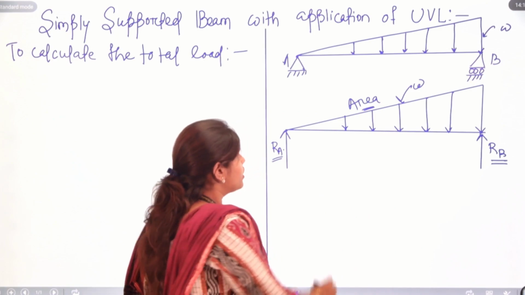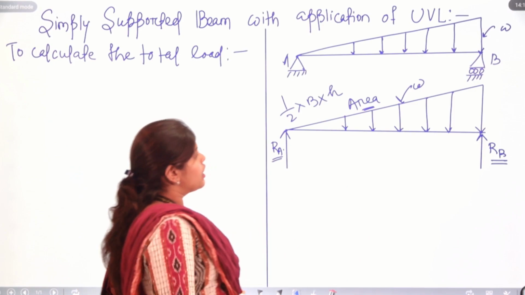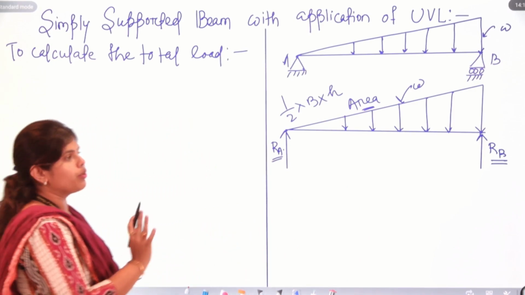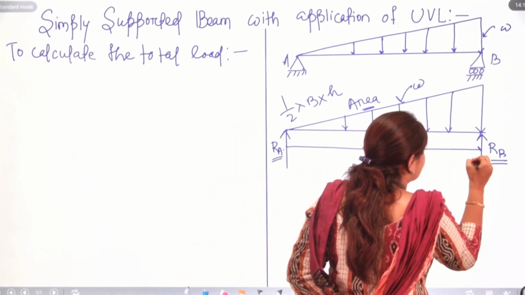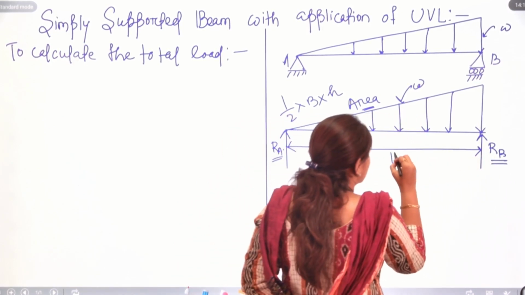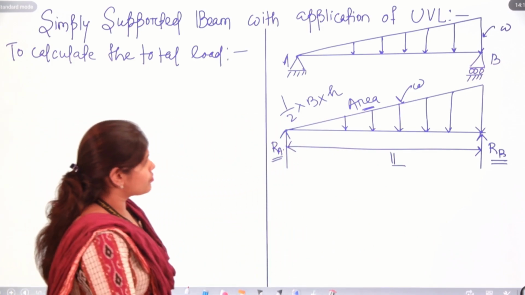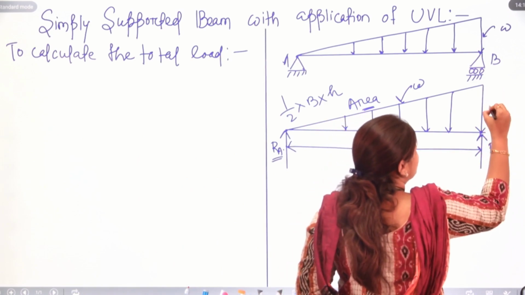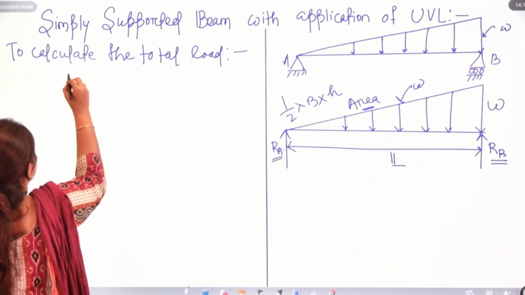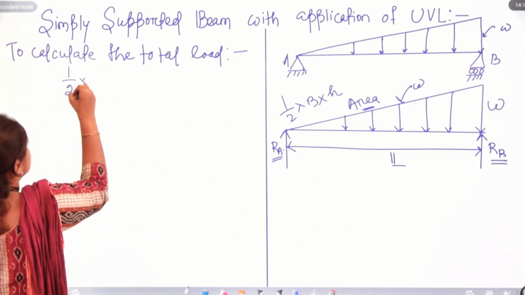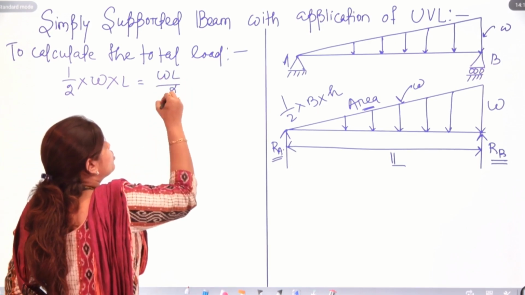Area of triangle is half into base into height, right? So this base is your total length of the beam, let's take it as L, and this height is the maximum height, we will take that as W. So the total load will be half into W into L, that is WL by 2.